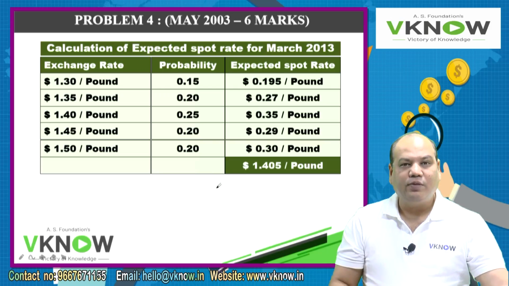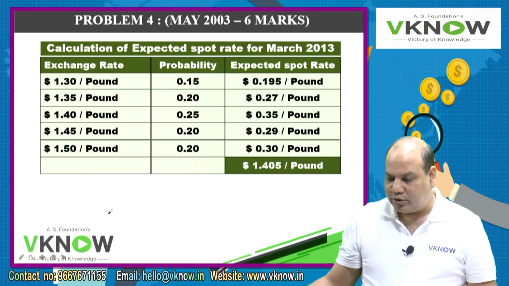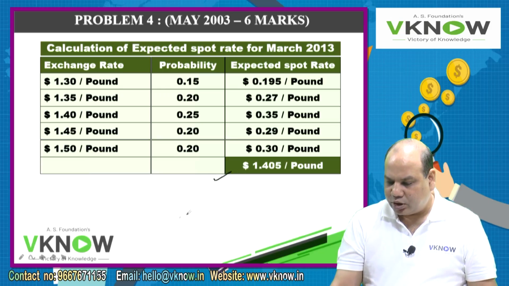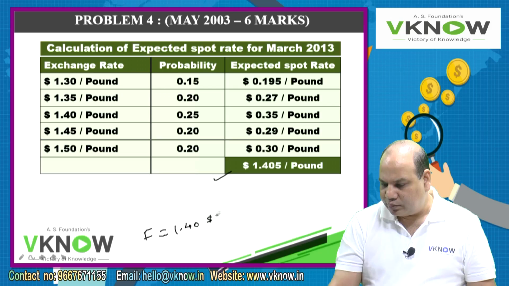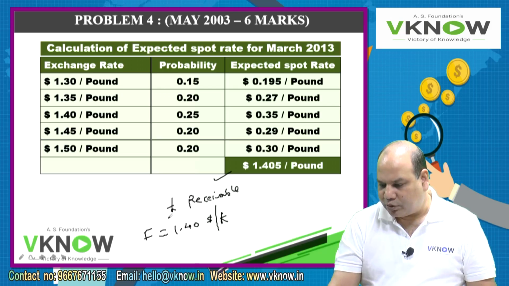Should the firm sell forward its pound receivable? Forward rate, think about it. This is the expected rate, and the forward rate is $1.40 per pound, and it is a pound receivable. You are going to receive some pound. Let us say you are going to receive 1,000 pound.